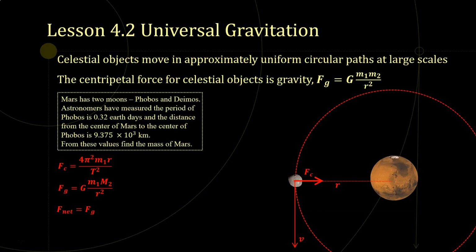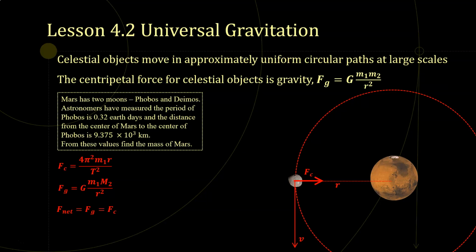There's nothing in space that's going to apply a contact force other than other gravitational forces, but nothing's close enough to Phobos compared to how close Mars is to significantly impact its motion. So the net force is going to be the gravitational force, and I can see that that gravitational force is always going to point toward the center of a circle, so that's always going to be a centripetal force.